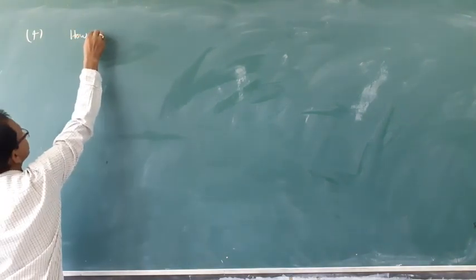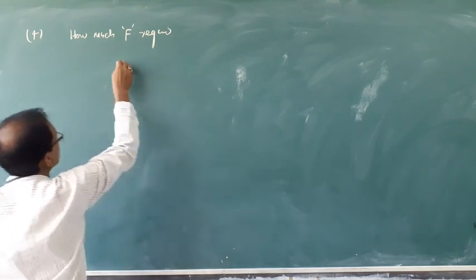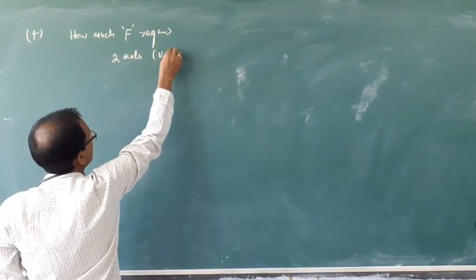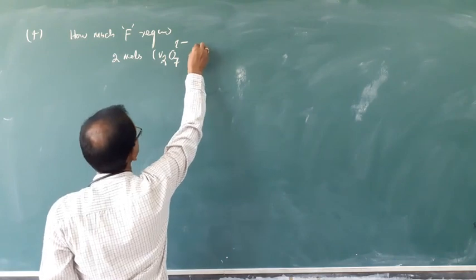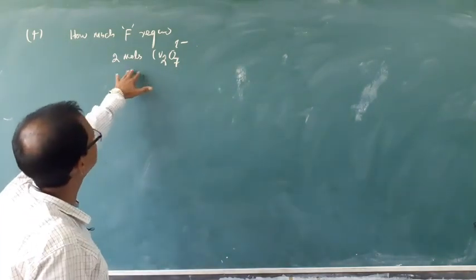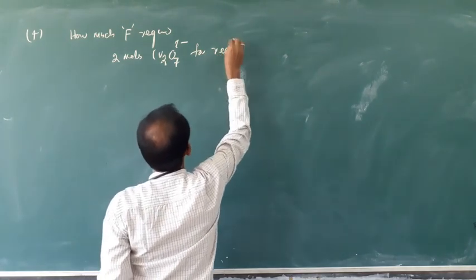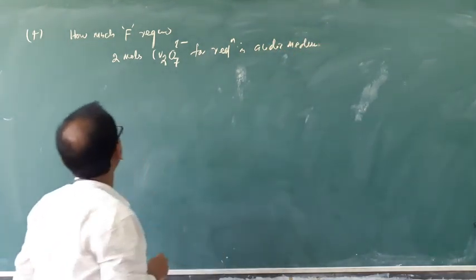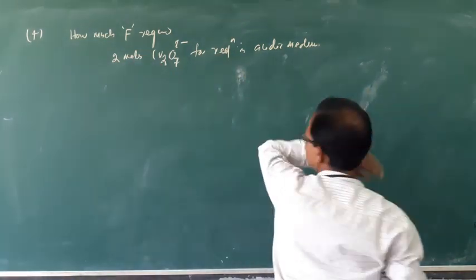Question number 4 is like this: how much Faraday is required for the conversion of 2 moles of dichromate ion for reduction in acidic medium?